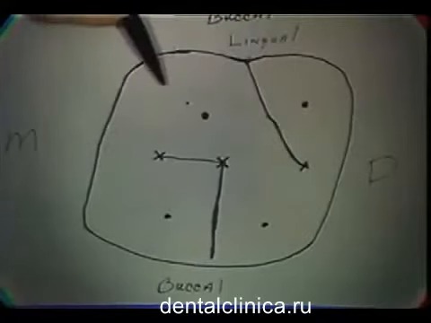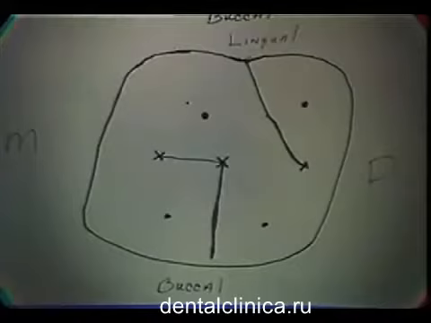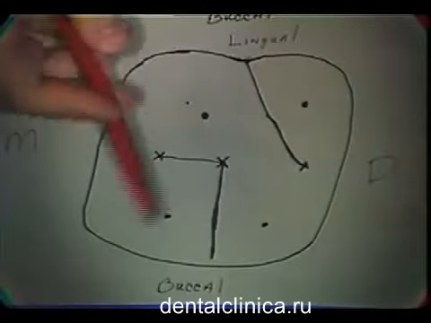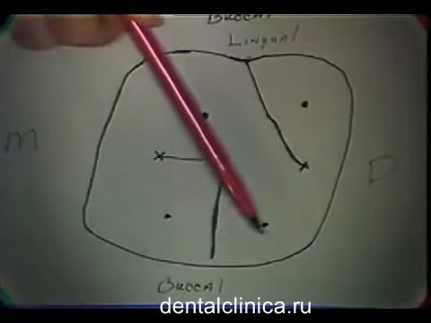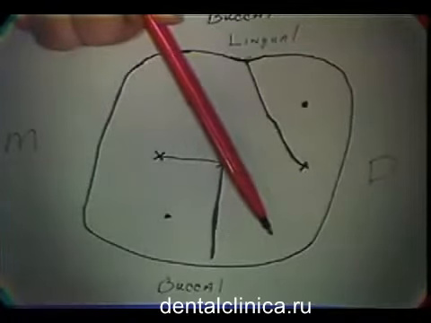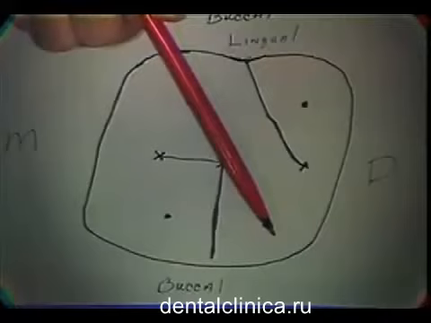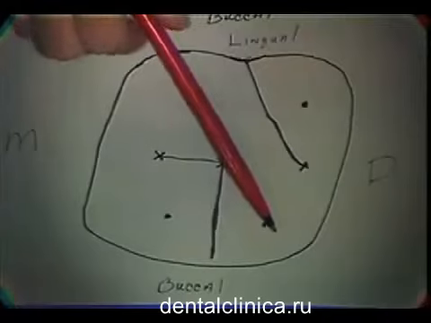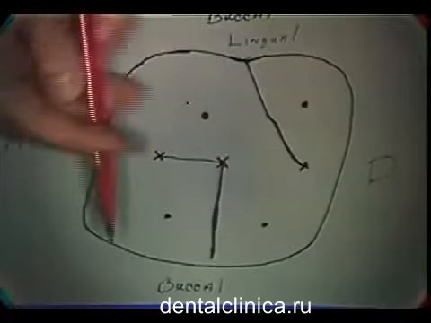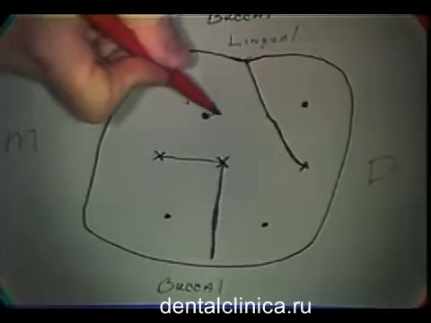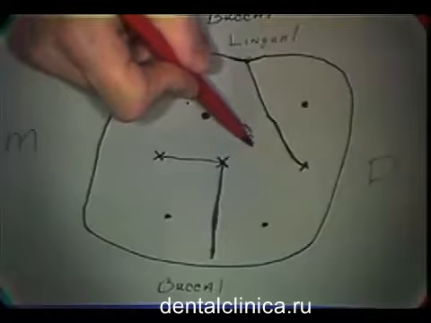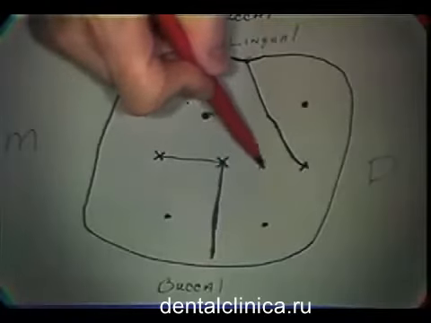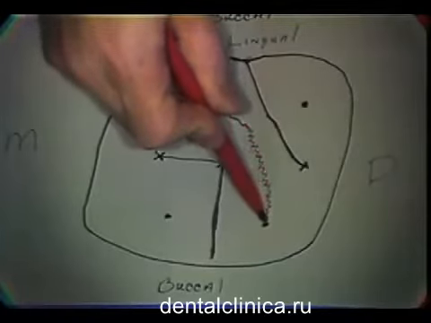Now we've got our oblique ridge. This is something that is frequently confusing to students because they like to draw the oblique ridge right straight between our mesiolingual and our distal buccal cusp, and it doesn't go right straight across. It actually comes off and goes rather significantly towards the distal of the tooth before it traverses over to the distal buccal cusp.